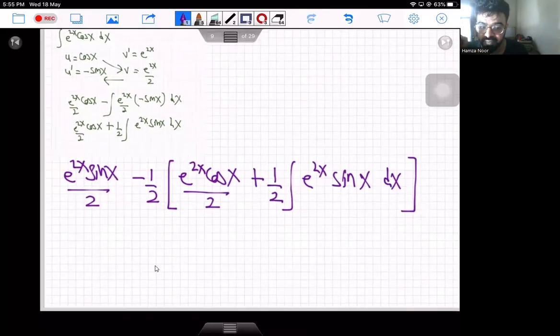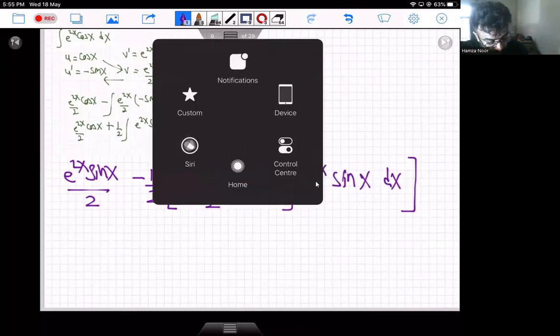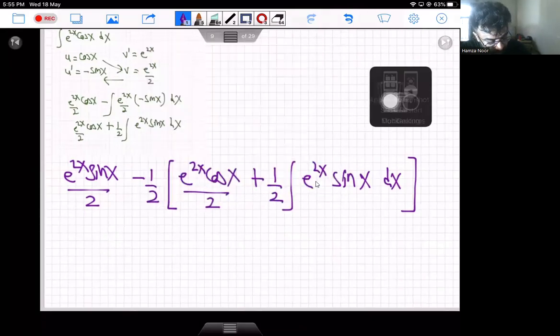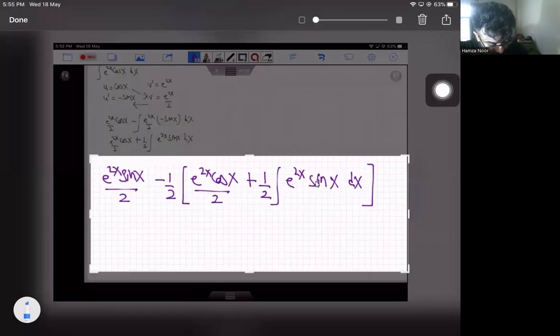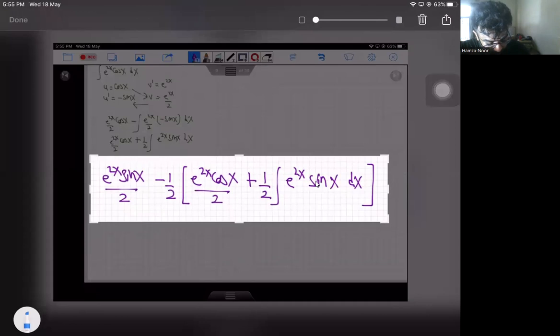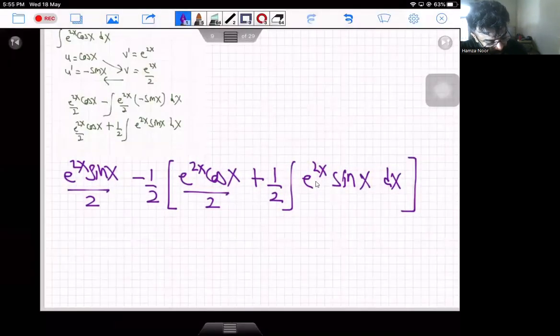So far we have achieved this, and this is basically the outcome of integrating e raised to the power 2x multiplied by sin x with respect to x. So let me write that down over here as well. Let me take a screenshot and take it on the next page.